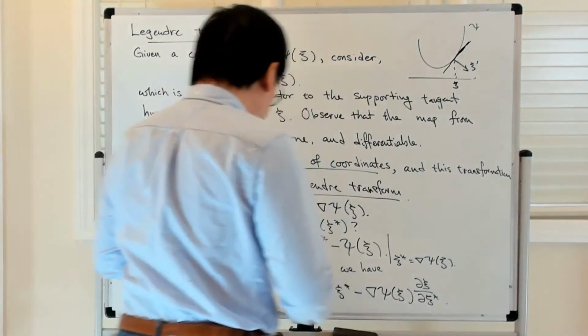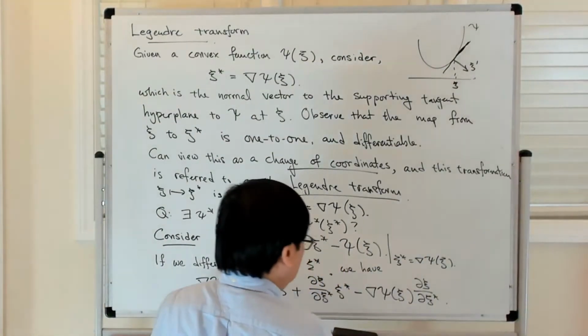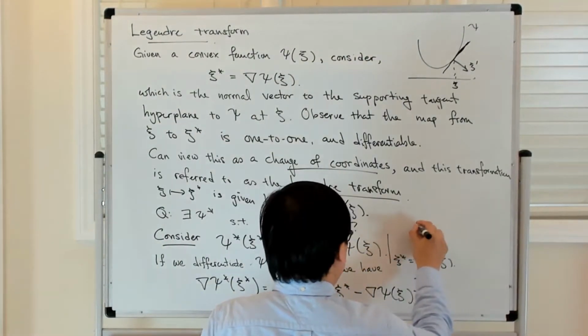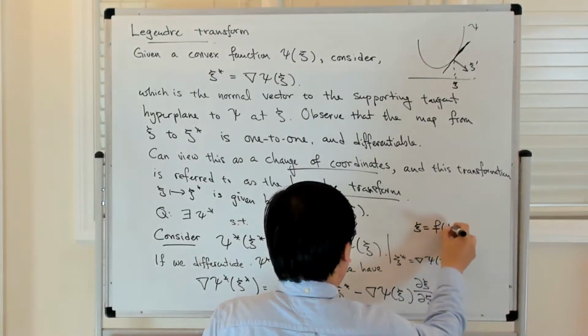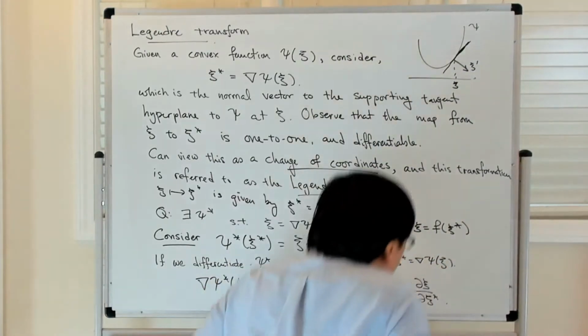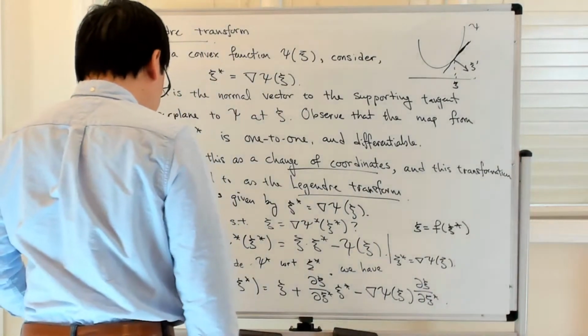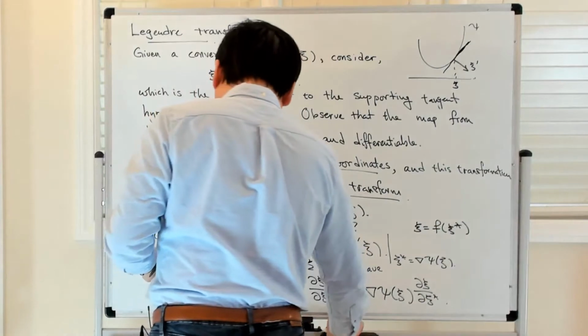That just comes from thinking of this constraint as saying that C is equal to some function of C star, which is essentially the inverse of this relationship. Okay, so we've differentiated that, and let's see what happens.